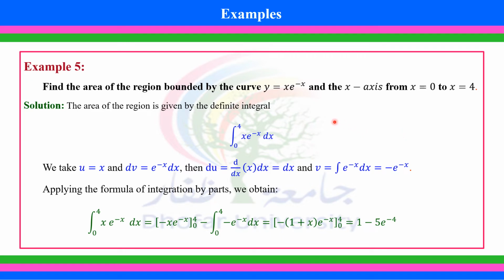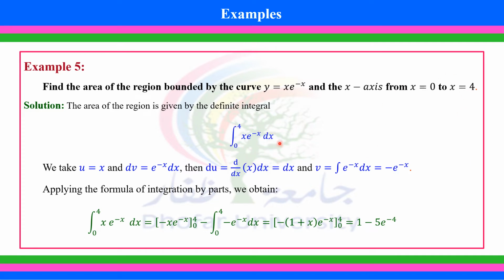So we know that the area between two curves is just the integral of the difference between the two functions. Here, the equation of the x-axis is y equals 0. So that means we take the integral of x e power minus x minus 0 from x equals 0 to x equals 4, because those are the limits of the integral.